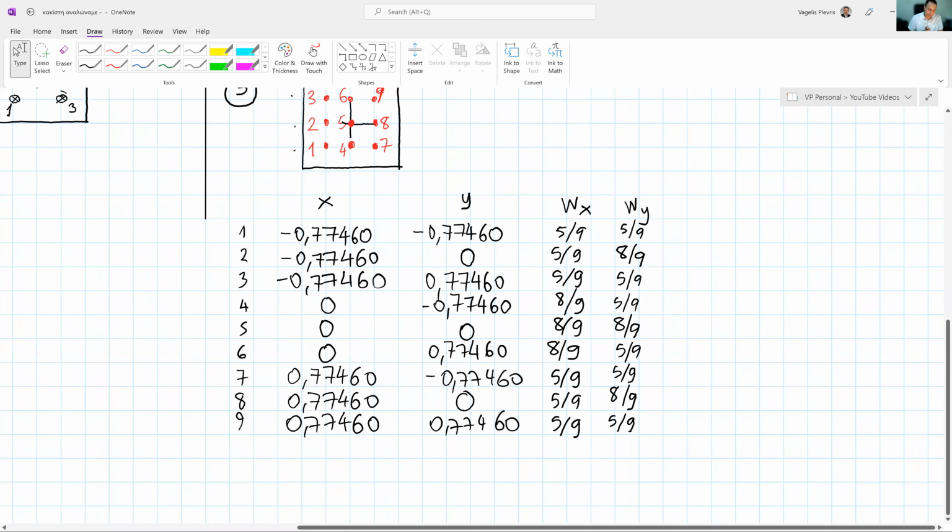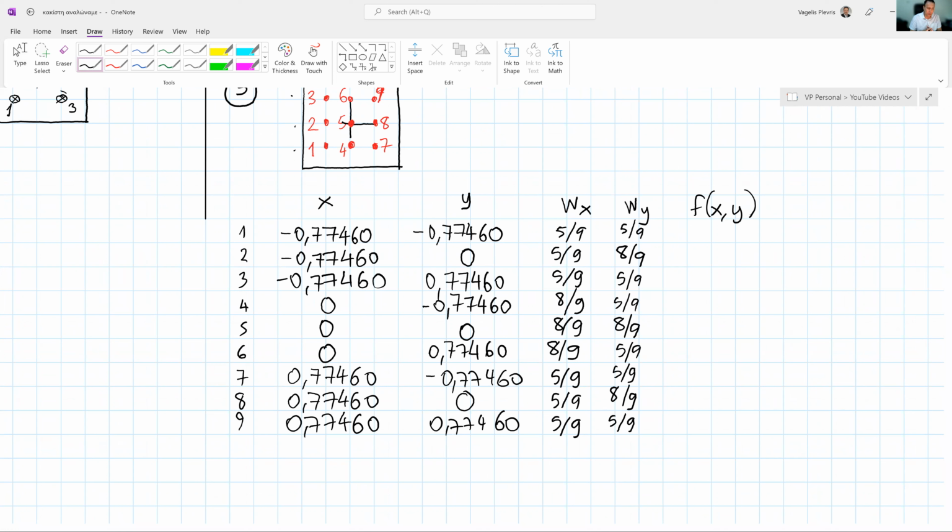I'm almost ready. I now need the value of the function f at the point xy. So you can easily calculate the value of this function. Excel is good for this. If you use a calculator, it will take you some time, but Excel is fine.